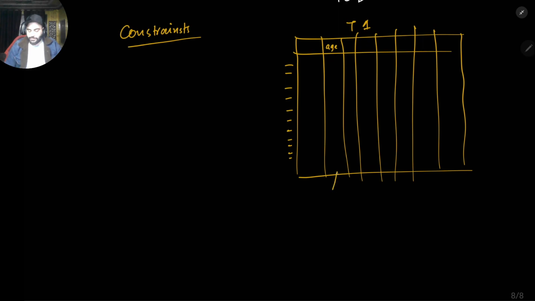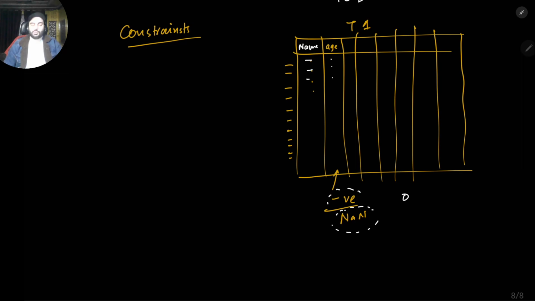It cannot be negative. It cannot be not a number. If here we have an attribute name and somebody has a name in here, he must have a corresponding age. Maybe he's just a newborn, maybe we'll start the age from 0, but it should not have null values, it should not have negative values.